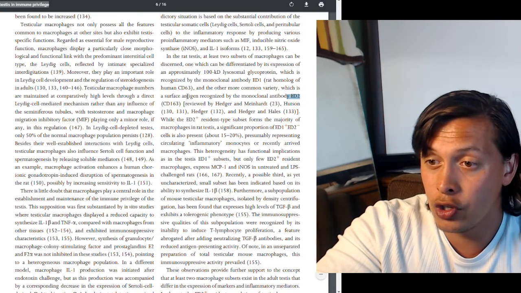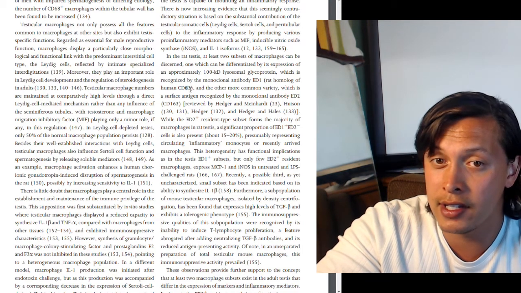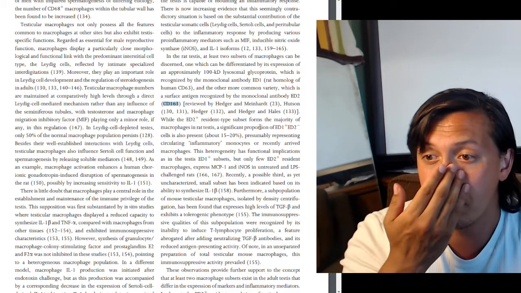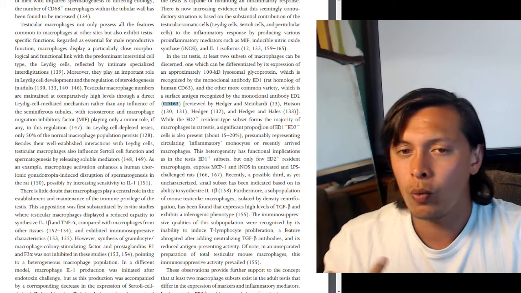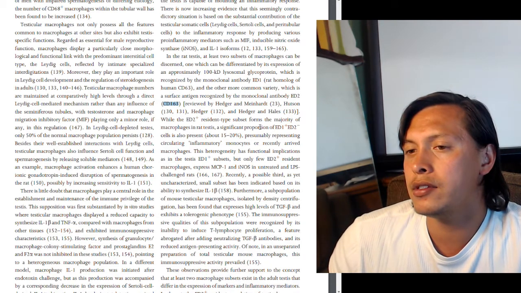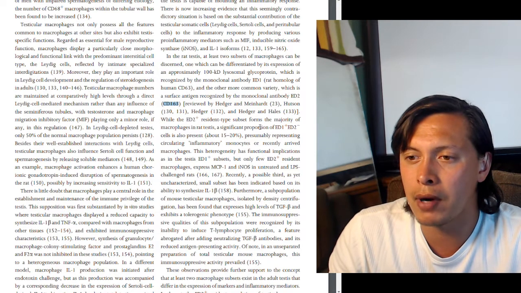And they're saying that these two rat macrophages have homology to the human CD63 and the human CD163 macrophages, and I think it's the CD163 macrophages that are ACE2 positive.